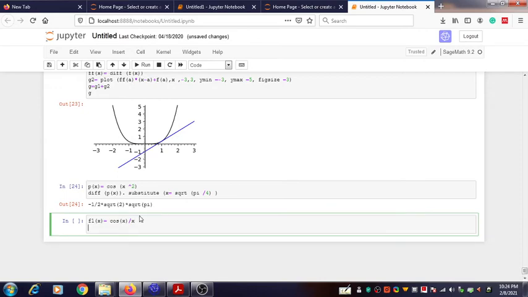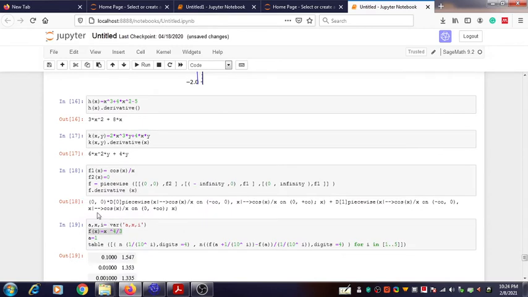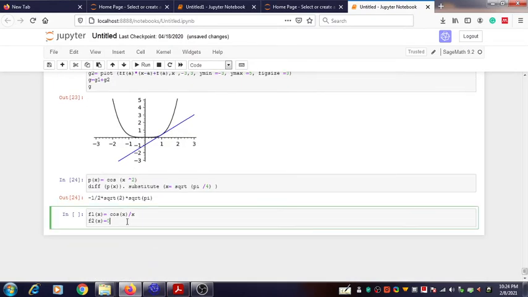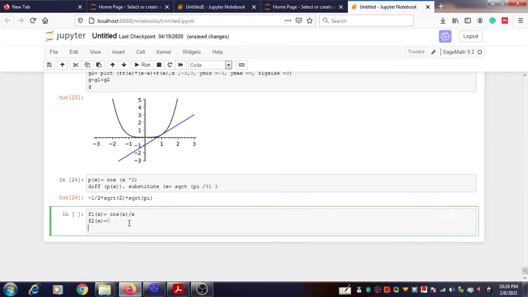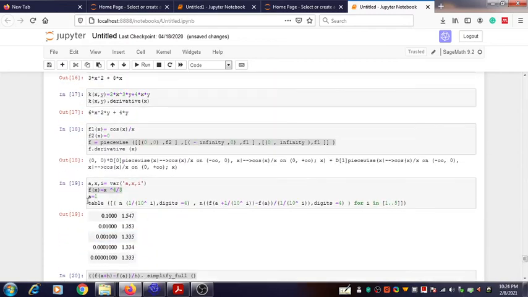And the single combined function is defined and entered in the third line.